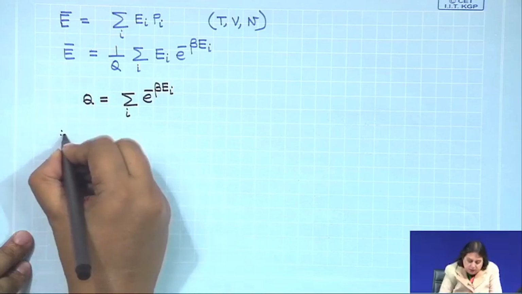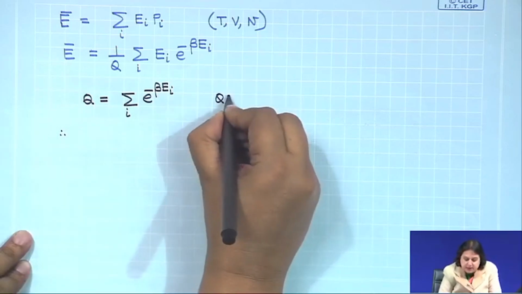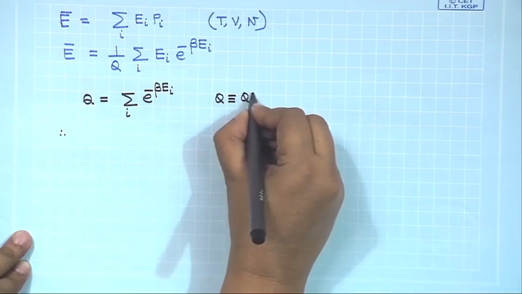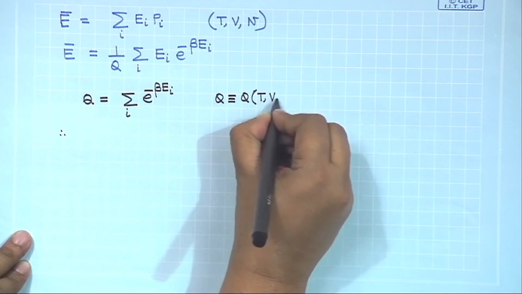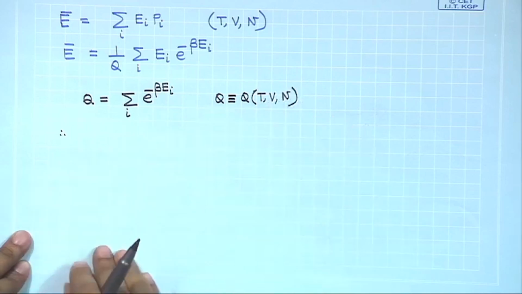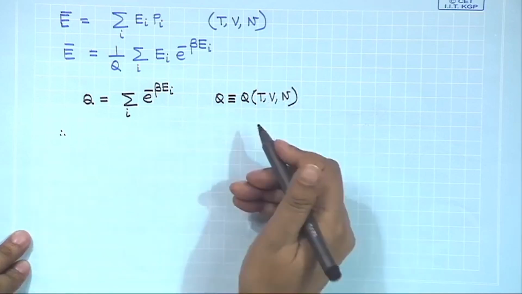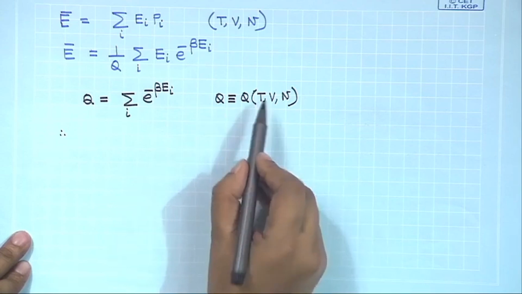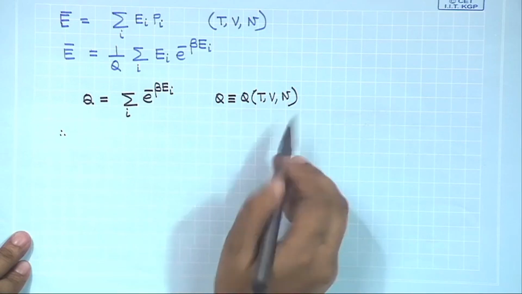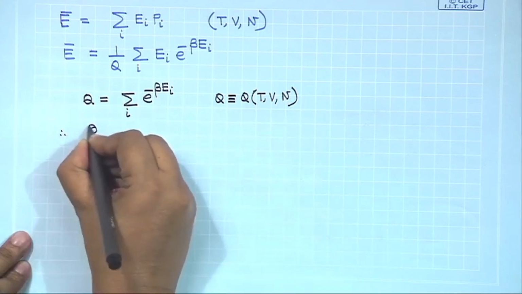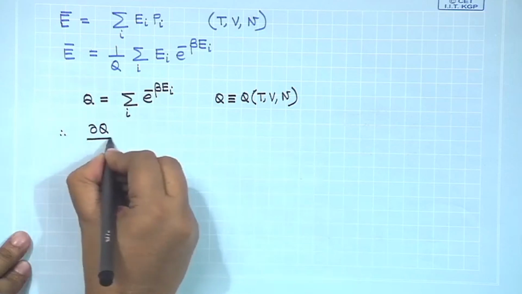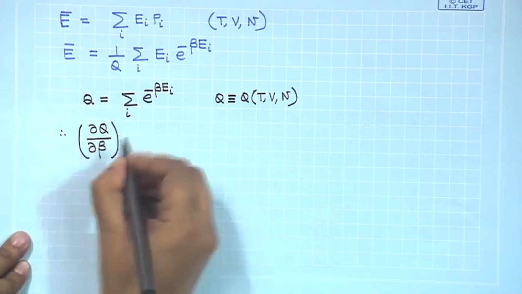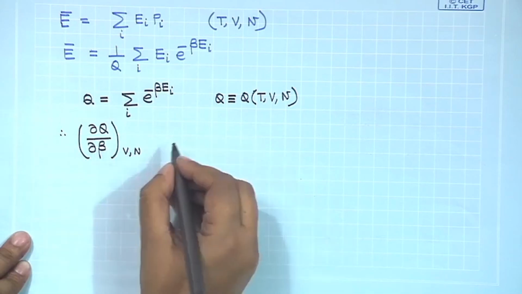Okay. What I do next, please remember that Q is a function of T, V and N. Therefore, I can take a derivative of Q with respect to either T or V or N. What I decide to do here is take a derivative of Q with respect to beta, keeping V and N constant.